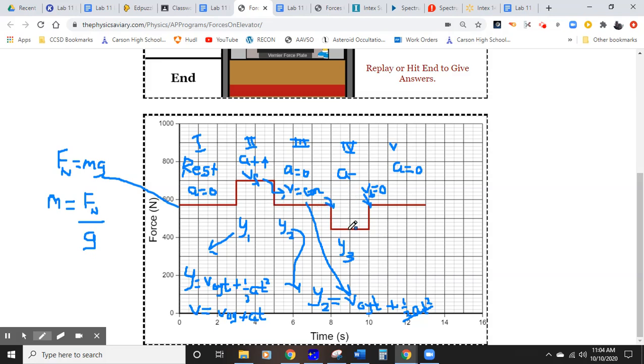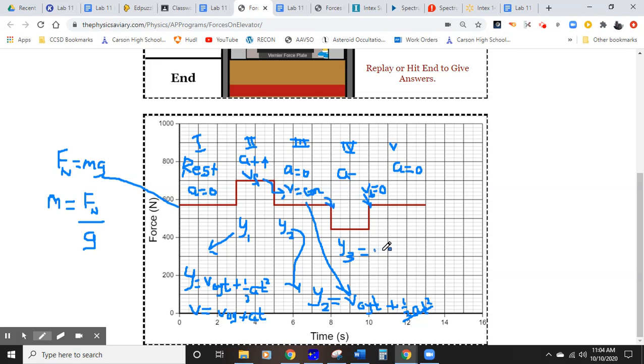Now here, we're decelerating, so the force is less, and we have to figure out what the acceleration is here. So whatever the final velocity from the previous region is, that is the initial velocity here.